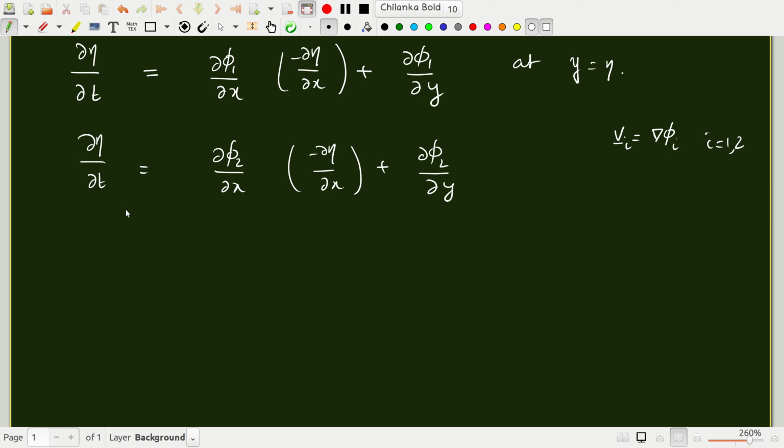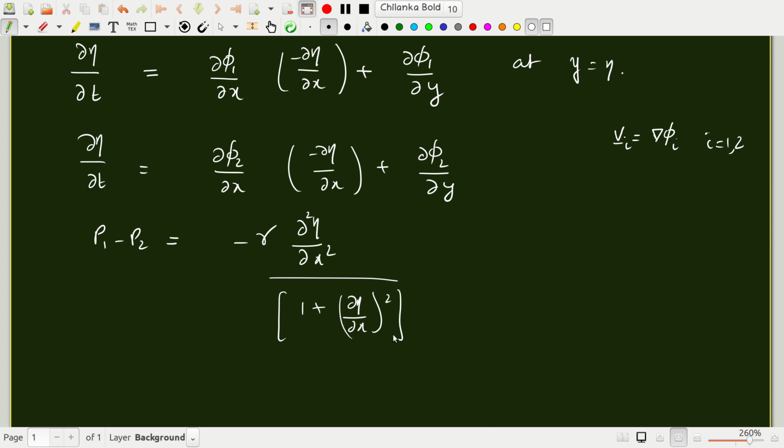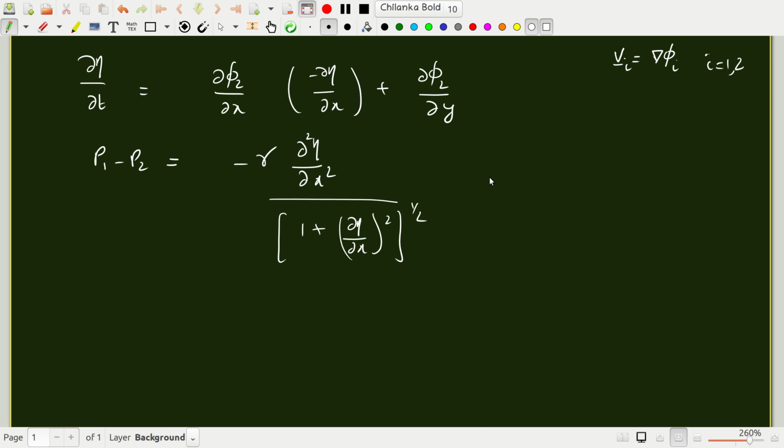We also had P1 minus P2 is equal to minus γ times ∂²η/∂x² divided by (1 plus (∂η/∂x)²) to the power half. Now we have to linearize all this. All this has to be applied at y equal to η(x,t).